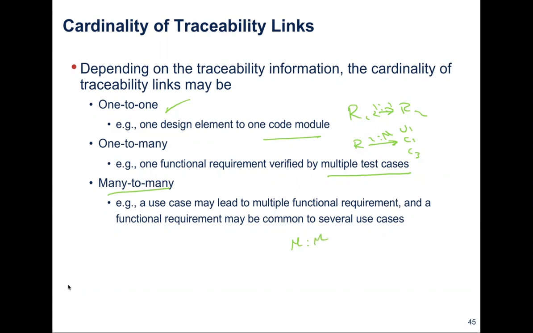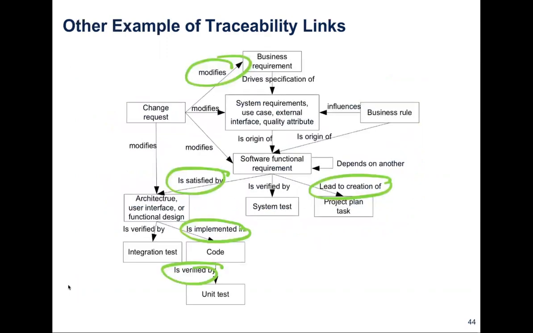The cardinality of traceability relationships between requirements or other system artifacts may be added to the traceability graph, similar to the one before, where I can see all the links between requirements, whether those requirements are business requirements, user requirements, functional requirements, or non-functional requirements, software test cases, software design, documentation, everything.